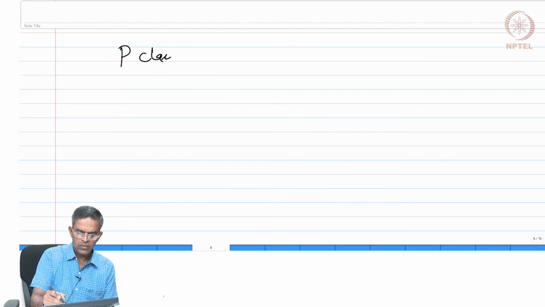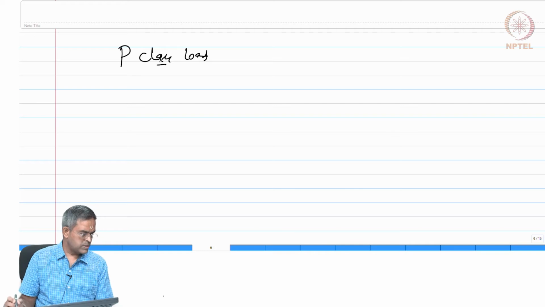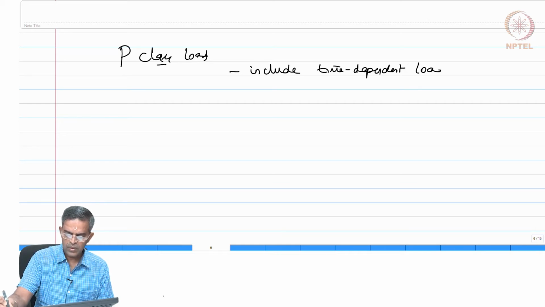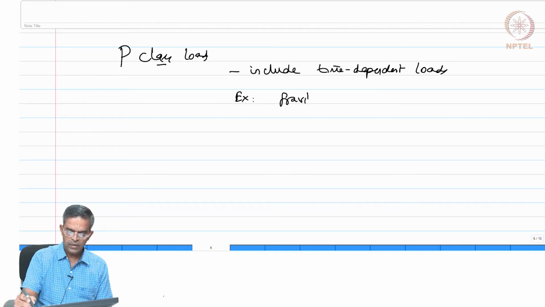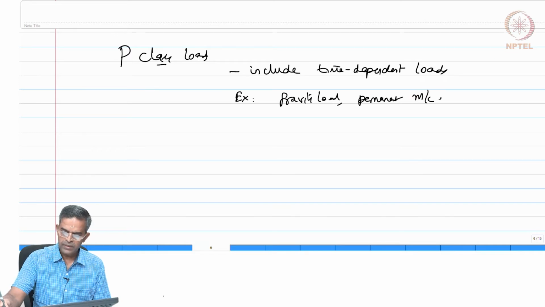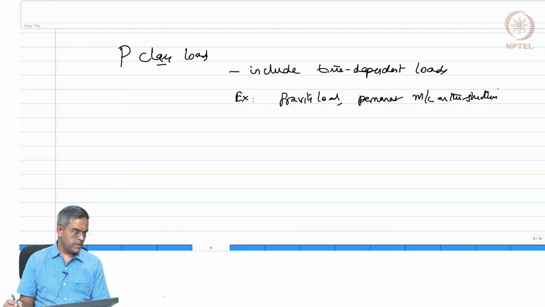P class load, which are permanent loads, include time dependent loads. Examples could be gravity load, weight of any permanent machinery on the structure, and their variation over a period of time.